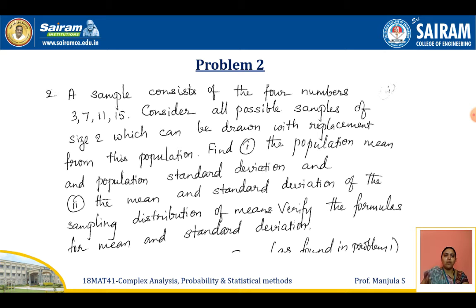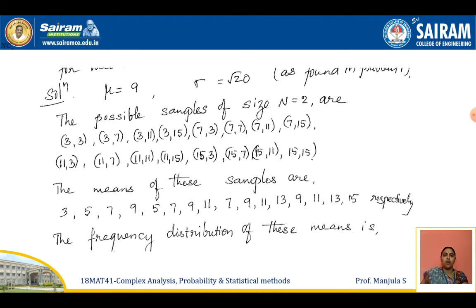We have to find the population mean and standard deviation, and the mean and standard deviation of the sample, then verify the formulas. The population mean and standard deviation were already calculated in the previous problem: mu is 9 and sigma is square root of 20. Now we only have to find the mean and standard deviation of the sample with replacement.